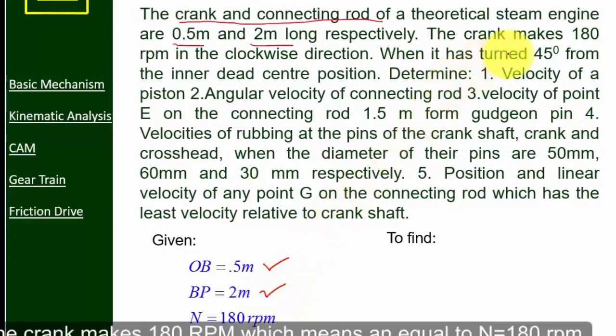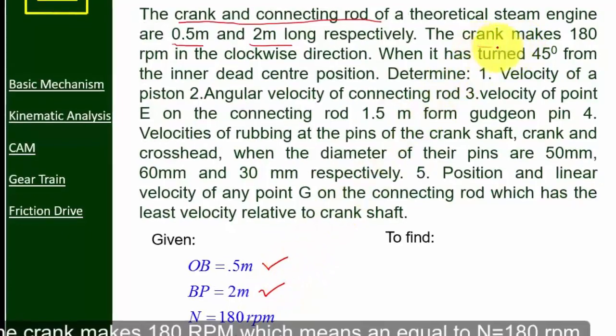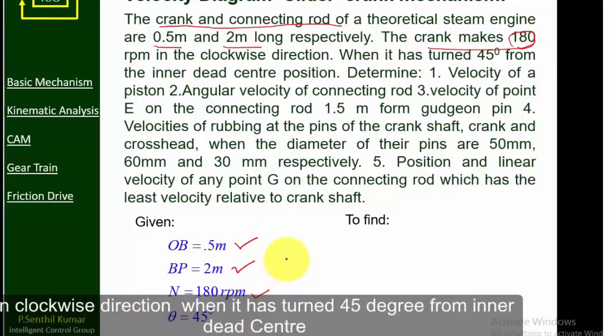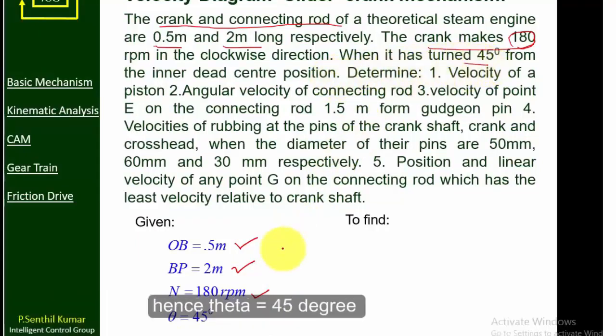The crank makes 180 RPM, which means N equal to 180 RPM in clockwise direction when it has turned 45 degrees from inner dead center. Hence theta equal to 45 degrees.